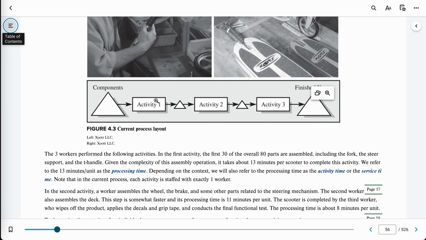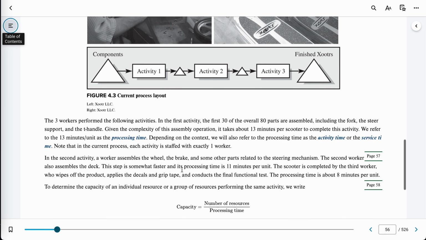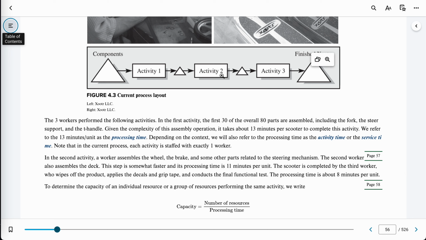That's the process time for the first activity. The process time for the second activity was 11 minutes. So they assemble the wheel, the brake, and some other parts of the steering mechanism. And finally, the final process, this takes 8 minutes per unit, and that's the whole assembly process.